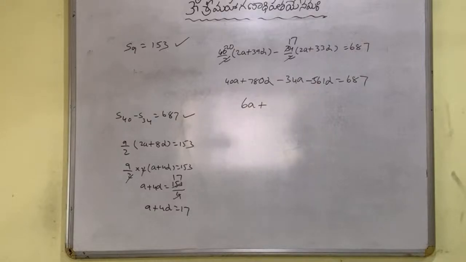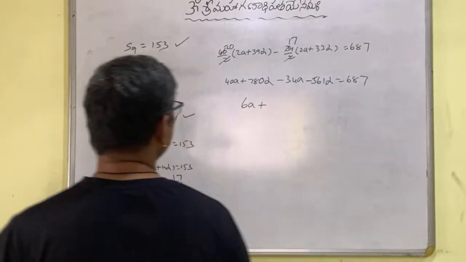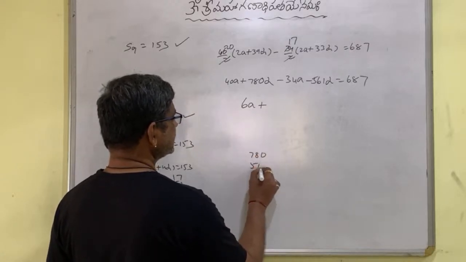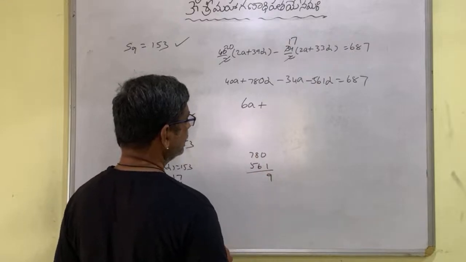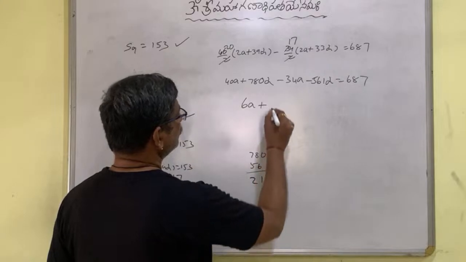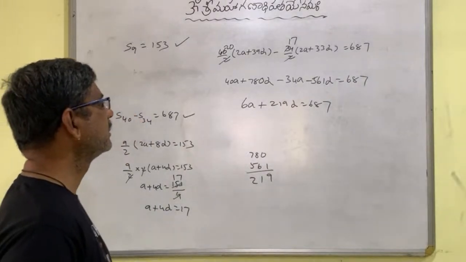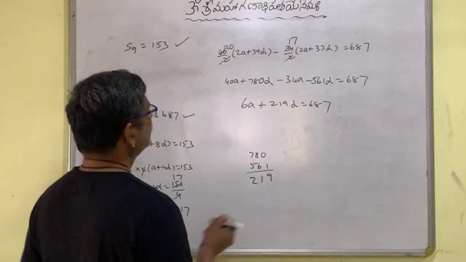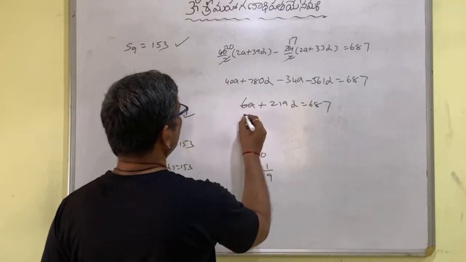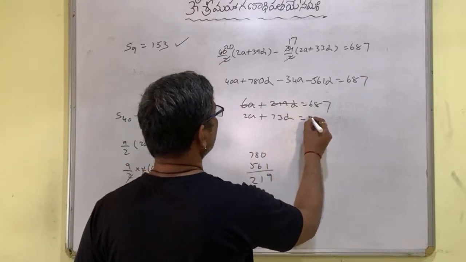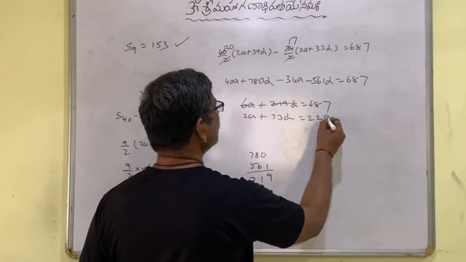Everyone is typing 687. 780 minus 561 is 219, so 6a plus 219d is 687. Divide by 3: 2a plus 73d is 229.